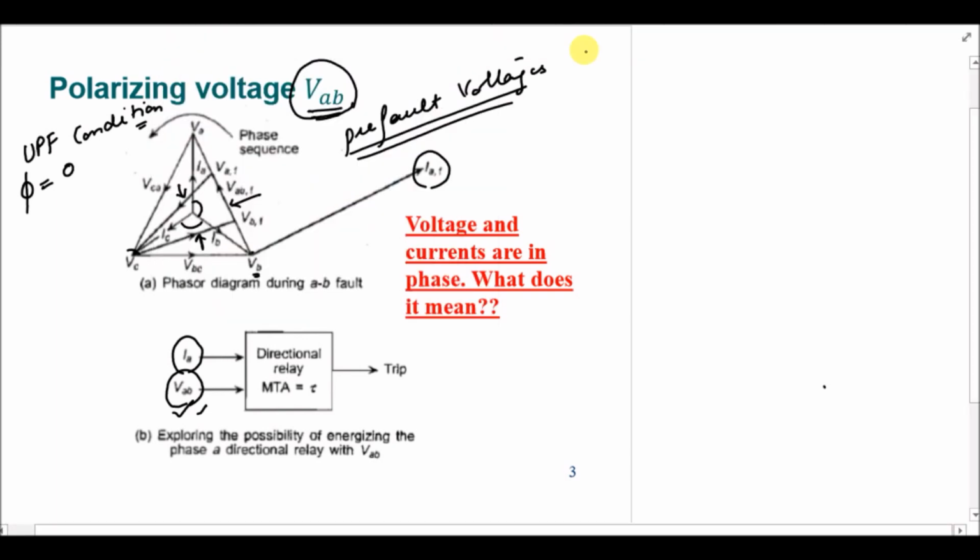So let's take VCA as a polarizing quantity, right? So this is the voltage VCA pre-fault voltage, and this will be your post-fault voltage. So we will be taking this voltage phasor as a polarizing quantity. So this is the direction of VCA. At 10 to 20 degree we have the MTA line. This is your tau, MTA line, and at 90 degree with the MTA line we have a zero torque line.